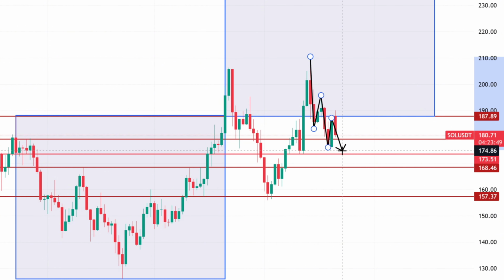If we are moving lower, then this rejection is confirmed, and let's just say we move to this next support level right here. What we are looking for is always a break of structure, and a break of structure is that we want to break the latest high that we had. So then we would need to have a daily candle close above this recent high right here.